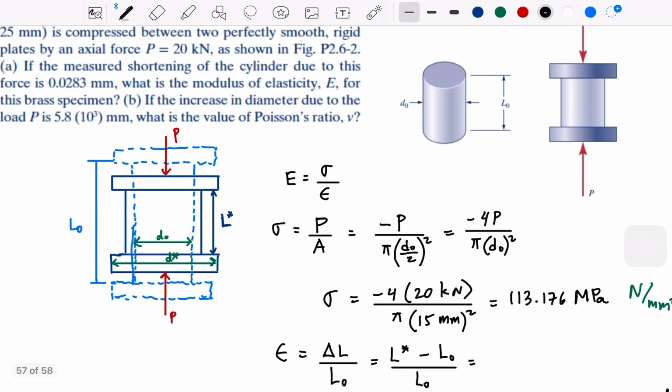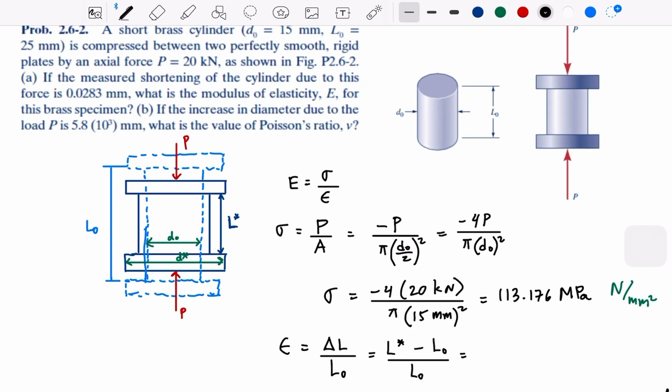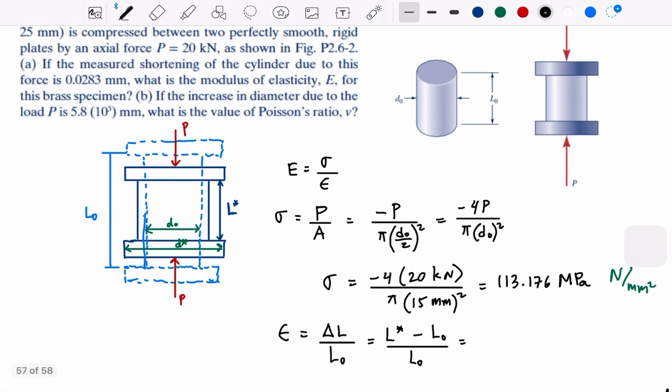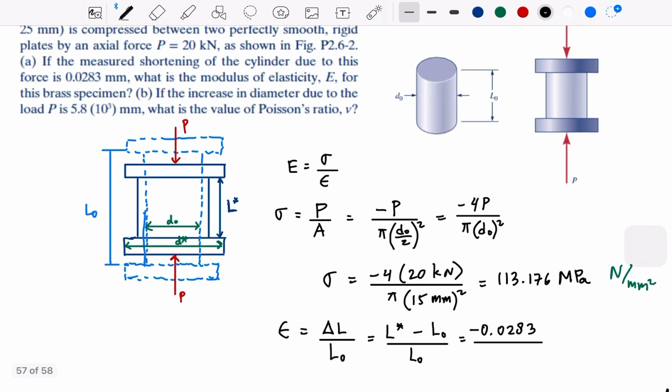So what is the shortening? Oh, it's already delta L, so we don't need to calculate that. Okay, so we can directly write 0.0283 with minus because it's shortening, divided by, what is the L, is 25.